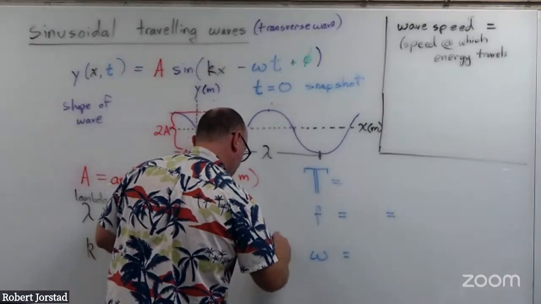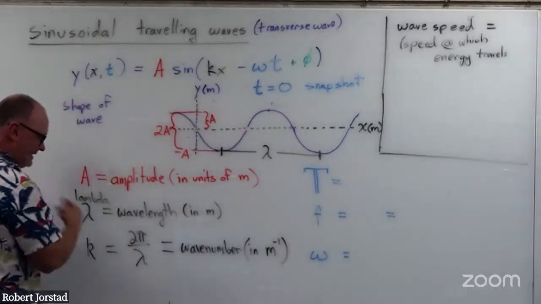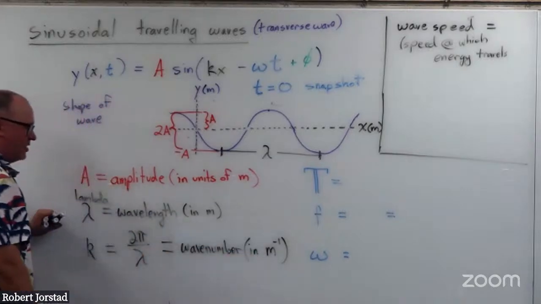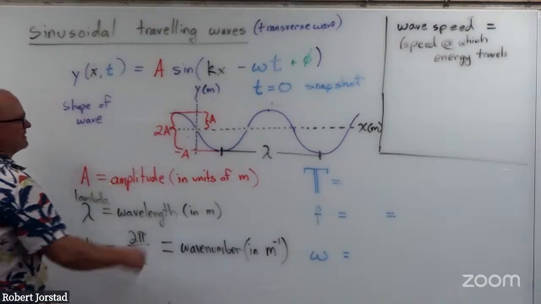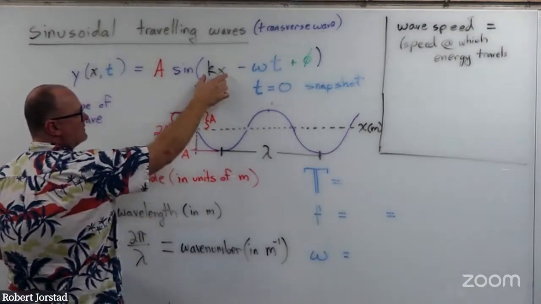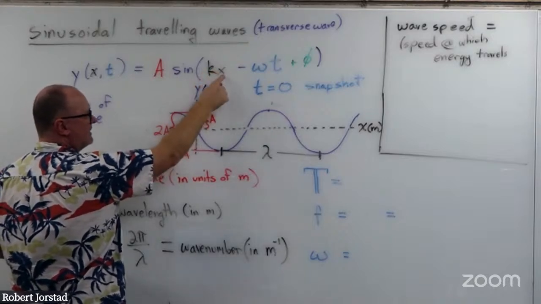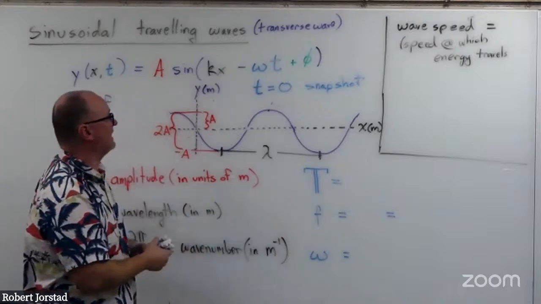The units of k are meters to the minus 1. So 2 pi over meters should have units of meters to the minus 1, or 1 over meters if you want to say it that way. But notice this makes sense. The argument of a trig function must have no units. 1 over meters times meters gives you no units. So notice we're going to have to be using radians.